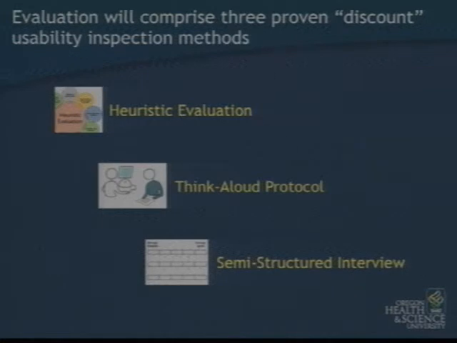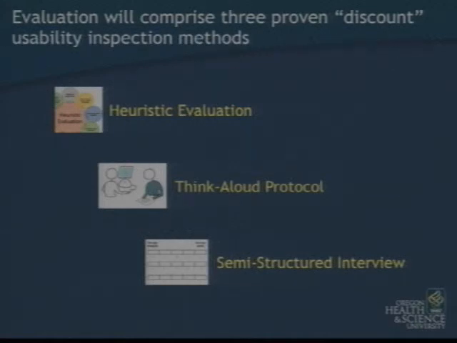So discount usability evaluation depends on a small number of users and a small number of interface features. And for this sort of agile qualitative approach, there are a few established inspection methods that are especially useful. And I'll define and discuss these in more detail shortly.